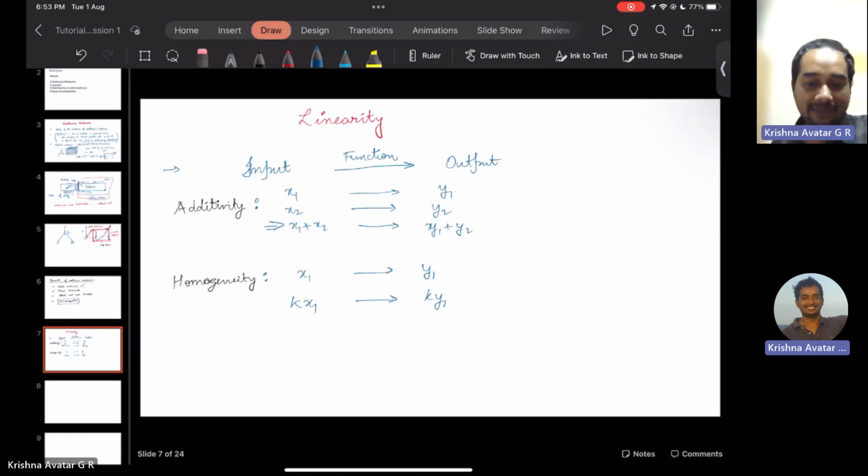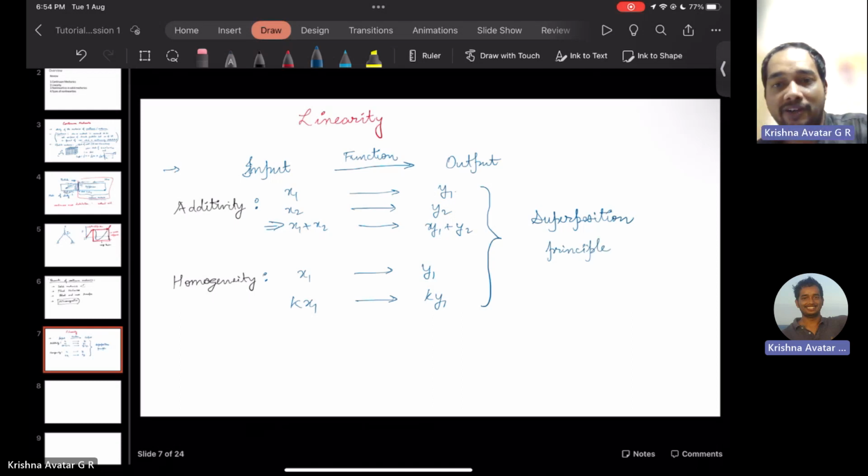These are the two fundamental properties defined under linearity, and these two combine to give something known as the superposition principle.